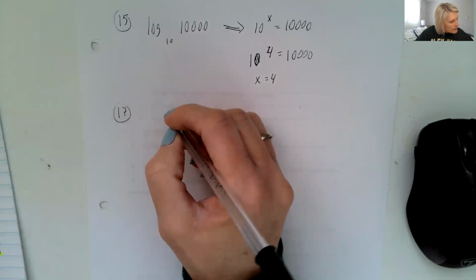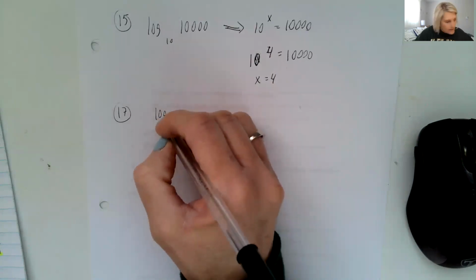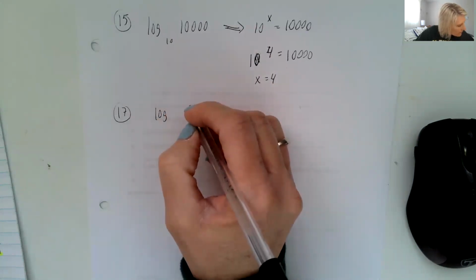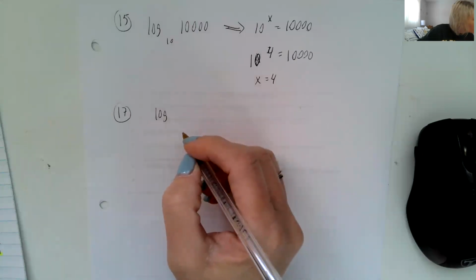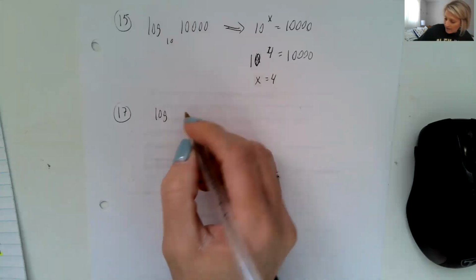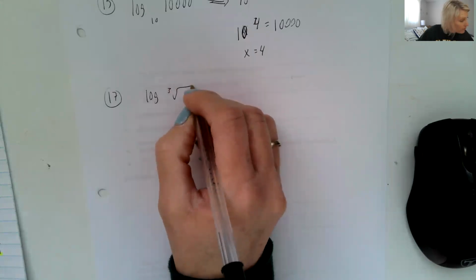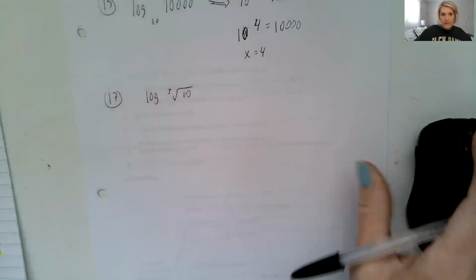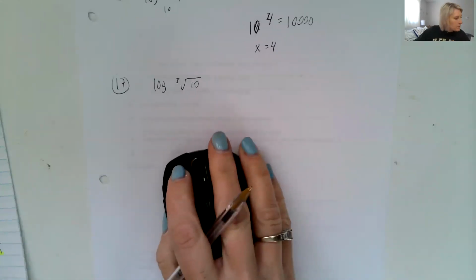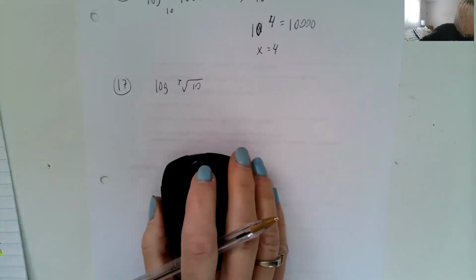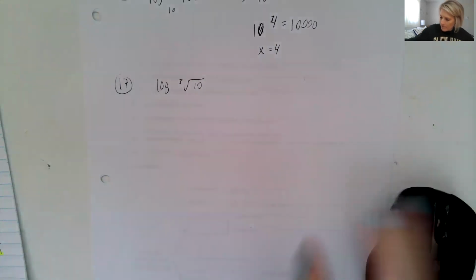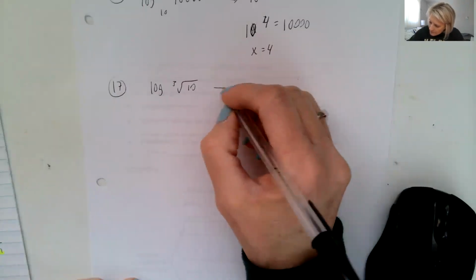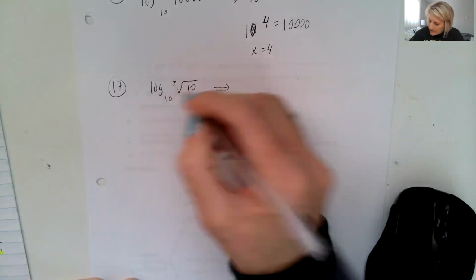So number 17 says log, I think this is the cubed root of 10. And so, again, this is base 10 because we don't see it.